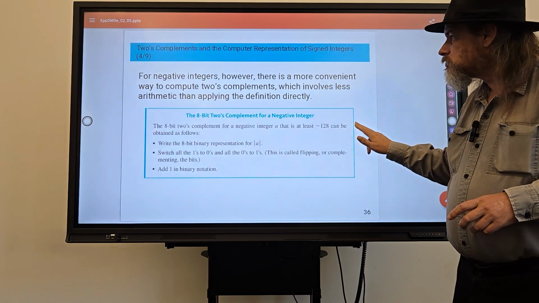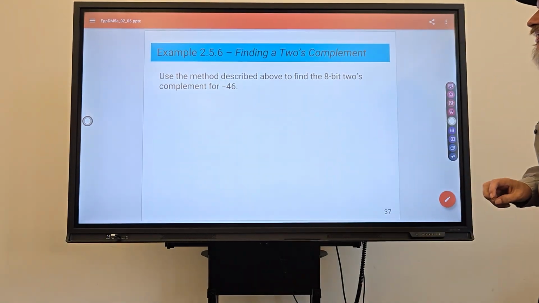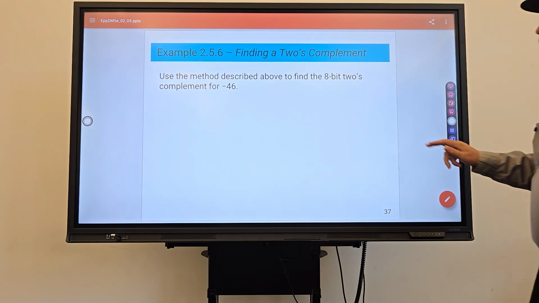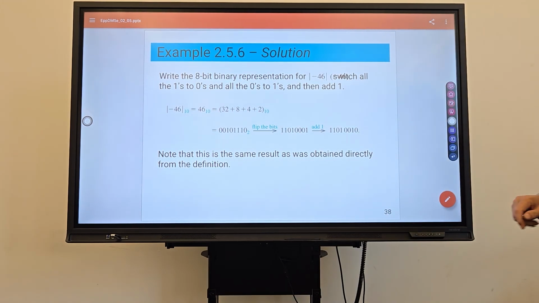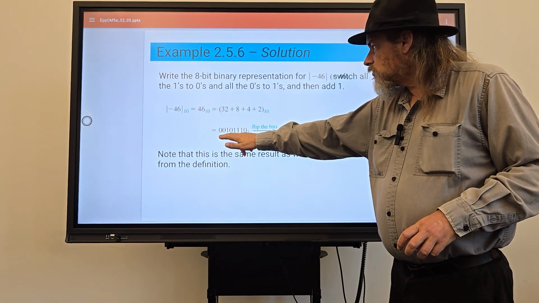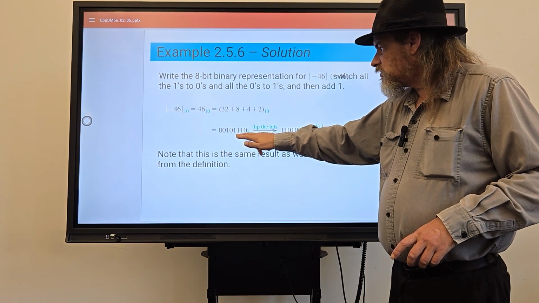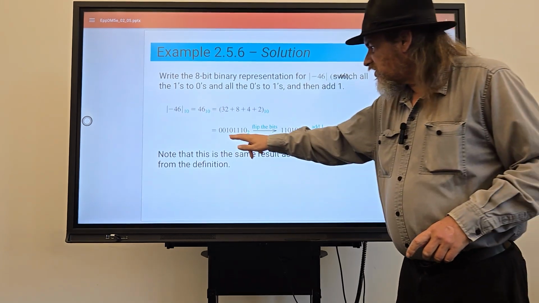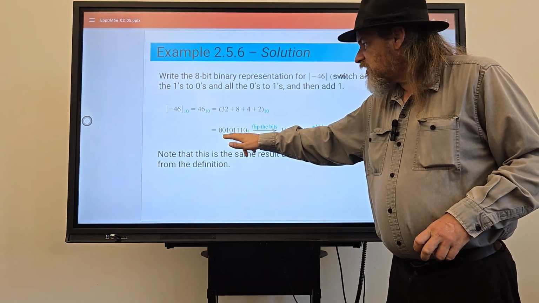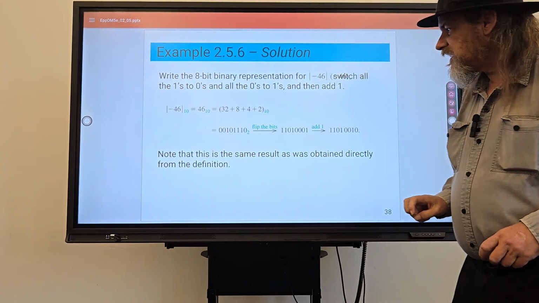But use this method described above to find the 8-bit 2's complement for negative 46. Well, first you get the value for 46 in 8-bit form, so 46 only uses 6 bits, so you add 2 leading zeros to it to make it 8.